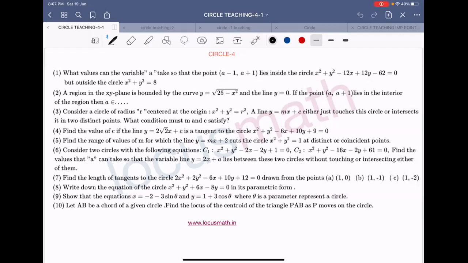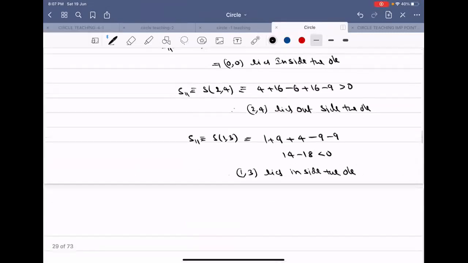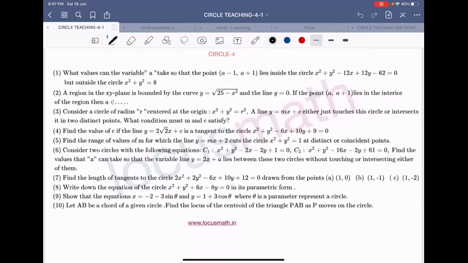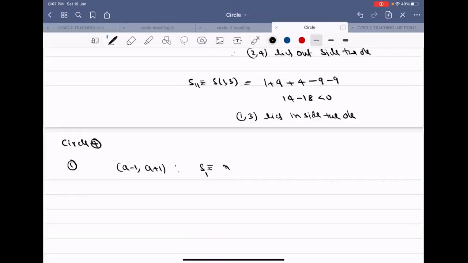To solve this question, first, the point is given as (a minus 1, a plus 1). The circle S1 is x square plus y square minus 12x plus 12y minus 62 equals 0.